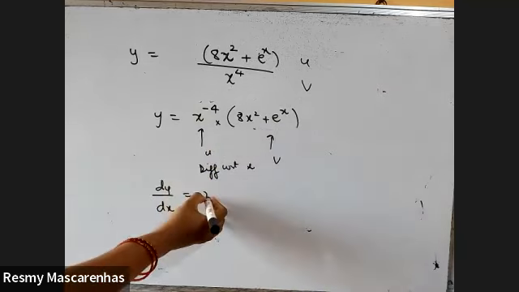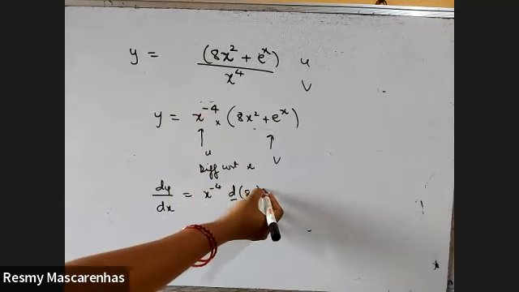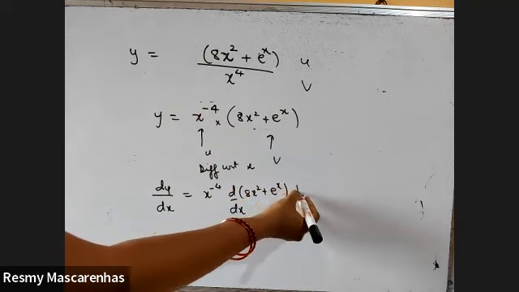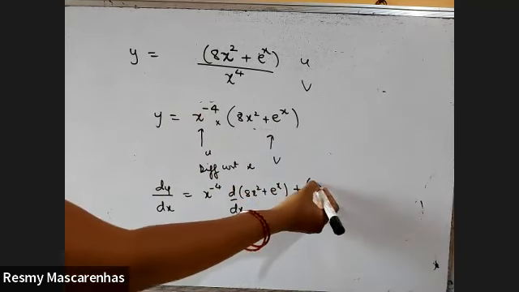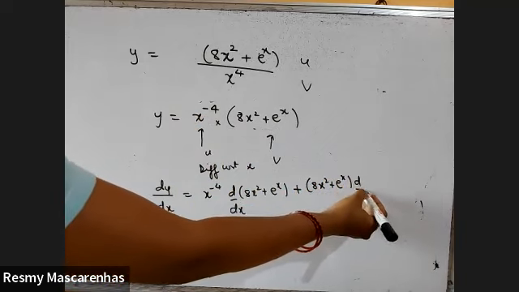So u, copy paste as it is. Take the derivative of v plus v into derivative of u.